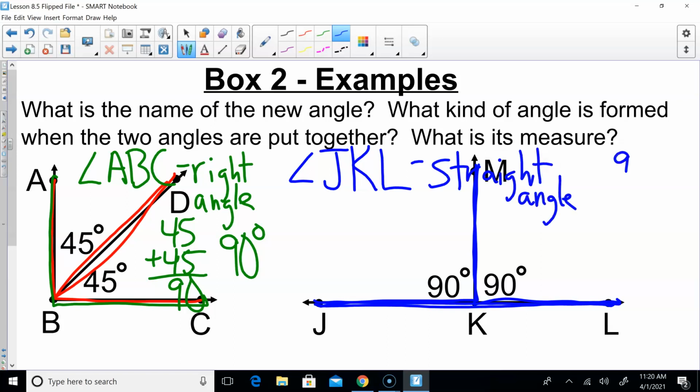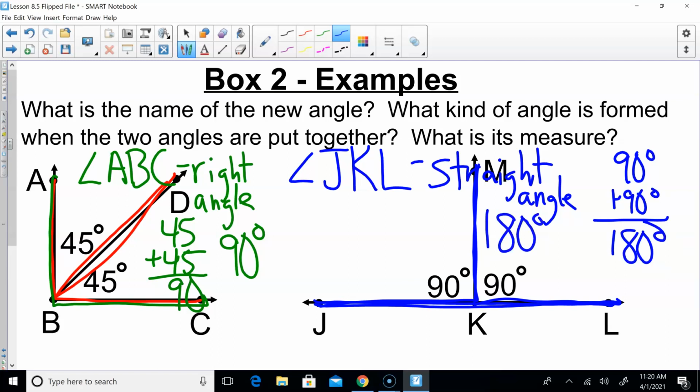And how did we get that? We took 90 degrees plus our other angle of 90 degrees to give us 180 degrees, which is the measure of our new straight angle. So you can pause the video, write these examples and the notes that go with them. That way they can help you answer your questions about putting angles together.